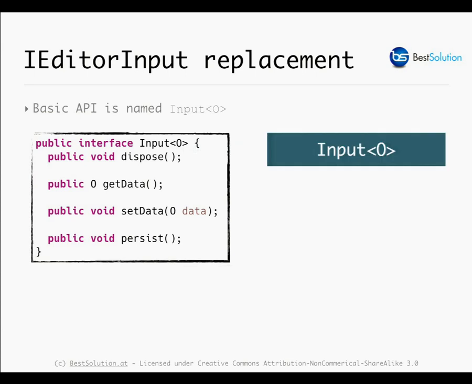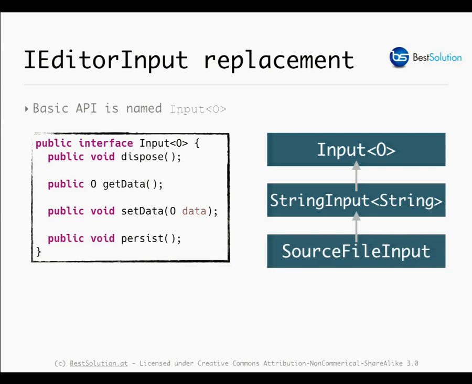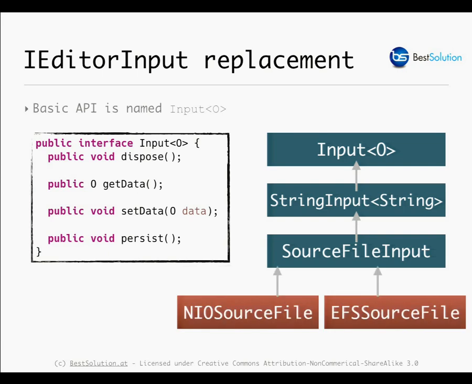On top of this basic interface definition, we have a sub-interface called StringInput, which deals with string inputs. When you deal with text, source code, this is a string representation. And on top of that, there is a SourceFileInput, which has some special meanings. Those are interfaces, and on top of that, we have some implementation classes that really abstract it away.